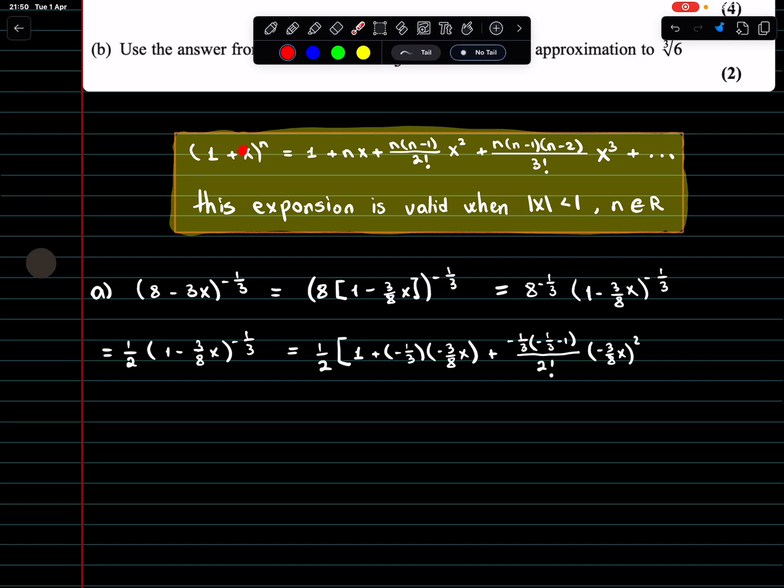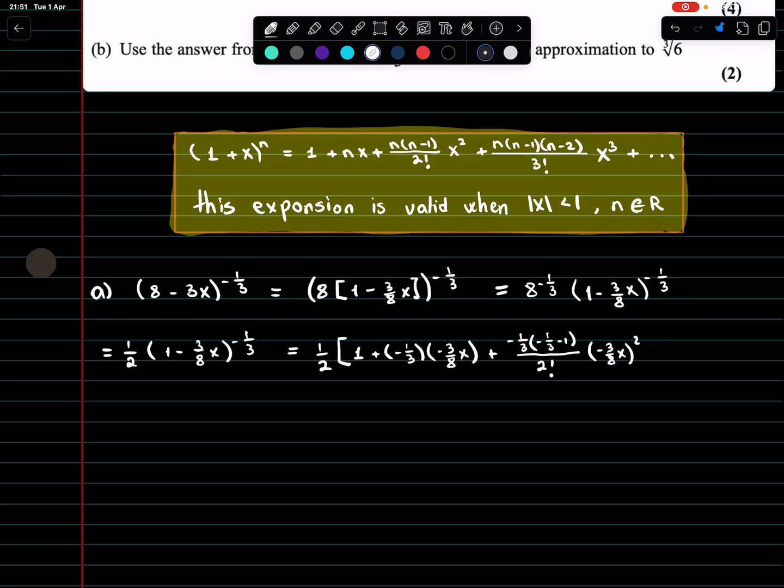In the formula we only took the x because there's only an x there. But in the expansion we are doing right now, x is not just the x; it has negative 3 over 8 as a coefficient, so we need to take them all together.